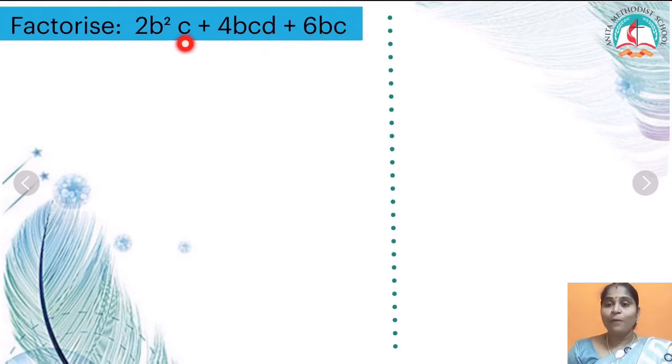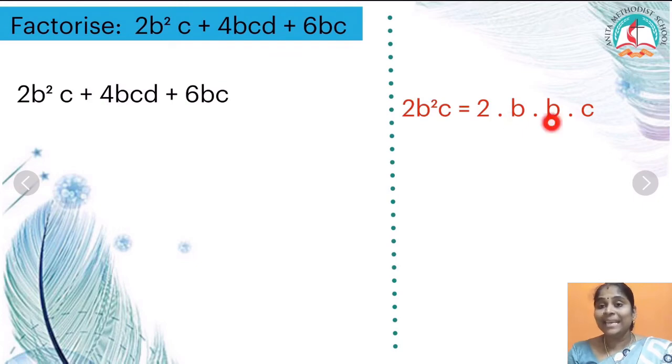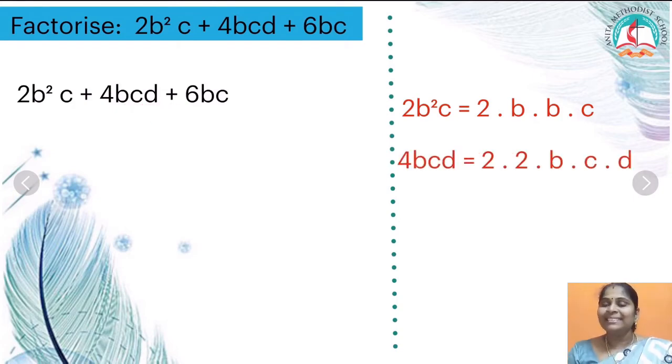So now we need to write the product of irreducible factors for these 3 terms. The first term 2b square c is written as 2 into b into b into c. What is the second term? Yes, it is 4bcd. How to write 4? Yes children, it is 2 into 2.